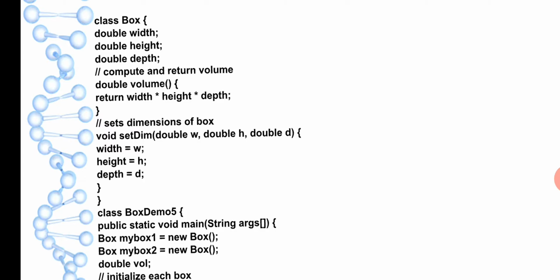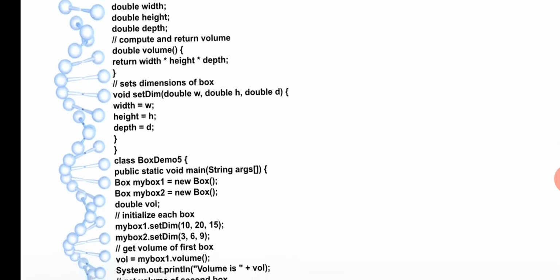Inside the setdim method you have three variables, double w, double h, double d. Next you use these w, h, d to assign the respective variables, that is width, height and depth. Now from where you are going to get the values, I am going to show you inside the main method.